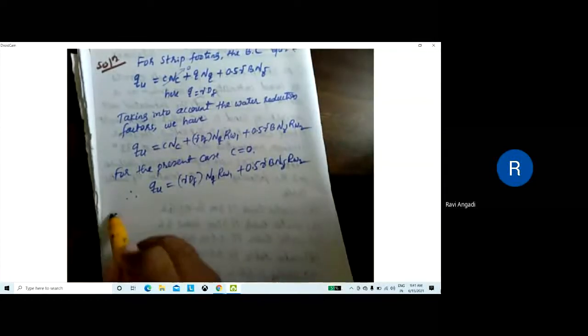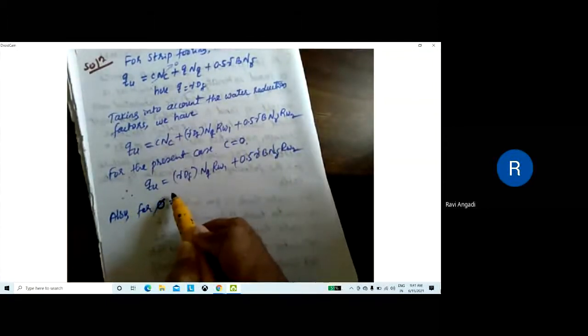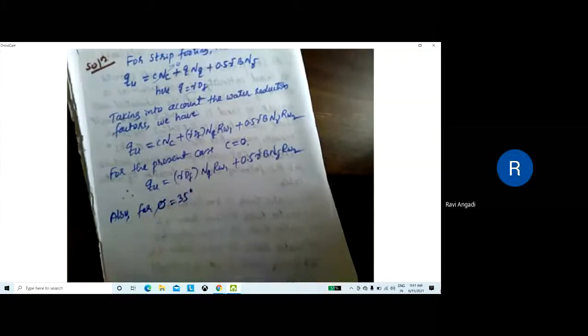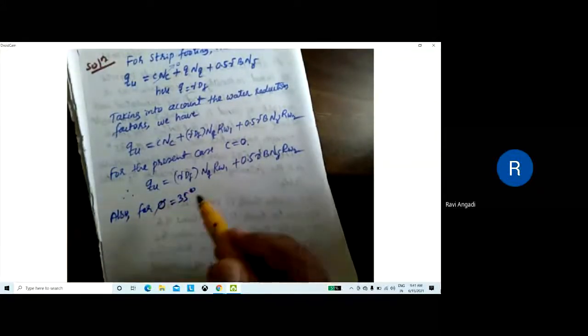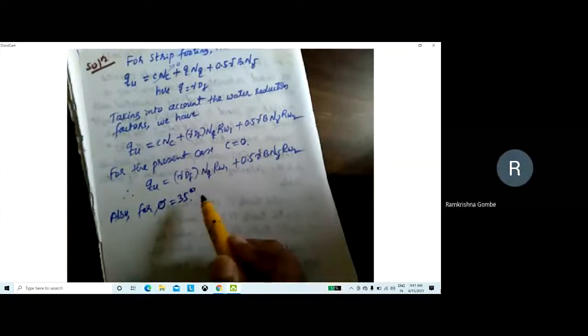And also, phi is given as 35 degrees. So for phi equal to 35 degrees, and since the angle is more than 28 degrees, is it a general shear failure? Yes or no? It's general shear failure, right?